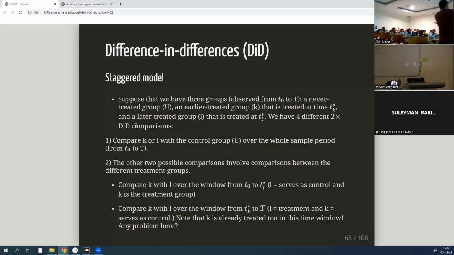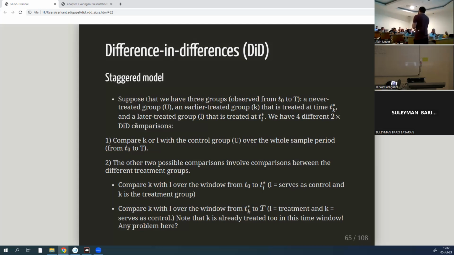So this is fine. Why? Because L is not treated yet, and K is the treatment group. So you can compare. Although L is going to be treated at some point later in time, at the moment we compare, it's like Pennsylvania, but at some point it's going to turn into New Jersey, right?